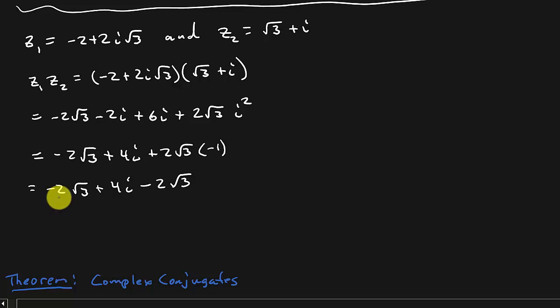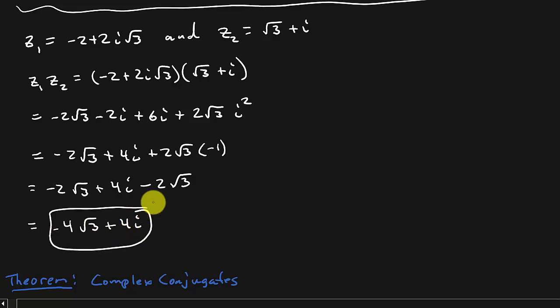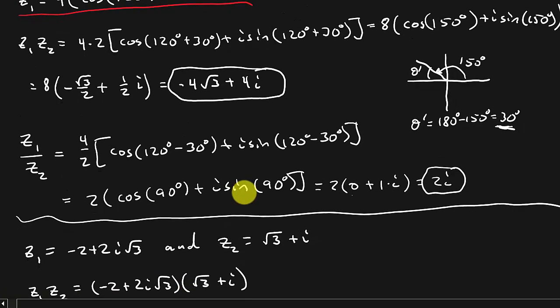Well, negative 2 square root of 3 minus 2 square root of 3 is negative 4 square root of 3 plus 4i. And that's what we get if we don't convert it to trigonometric form first. If we just multiply them out, we get negative 4 square root of 3 plus 4i. Oh, look at that. Same thing.